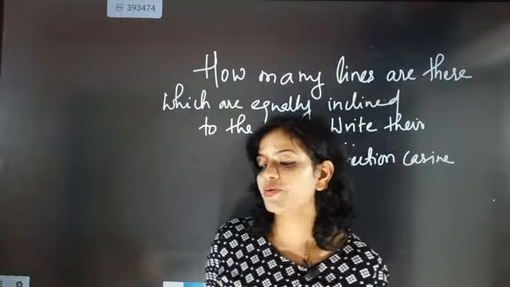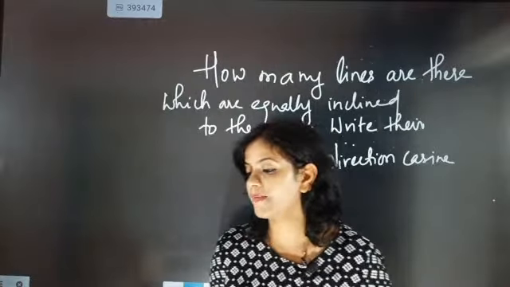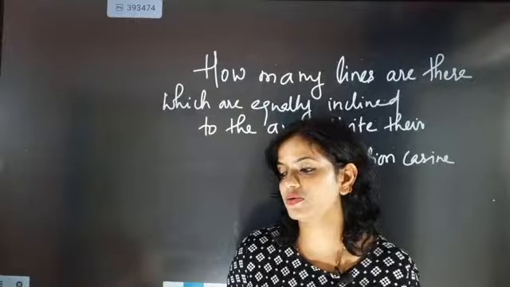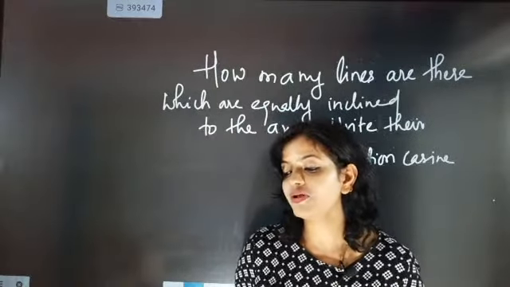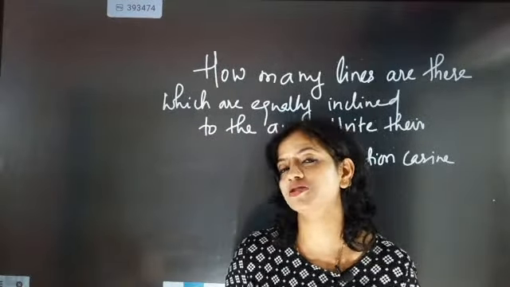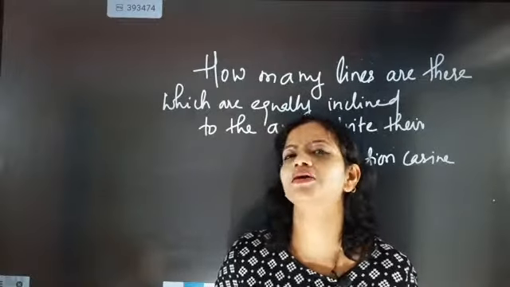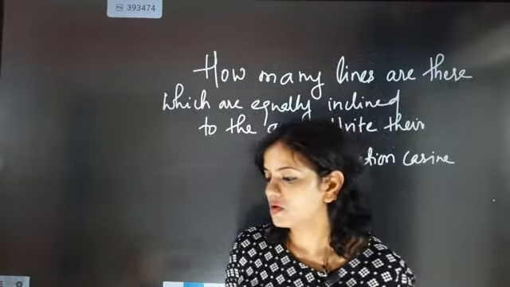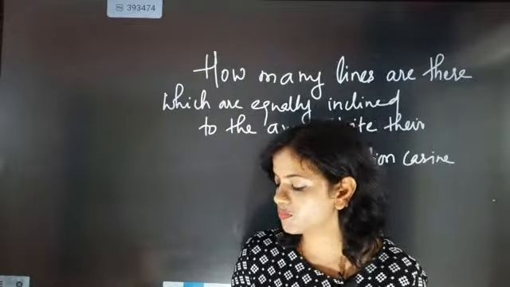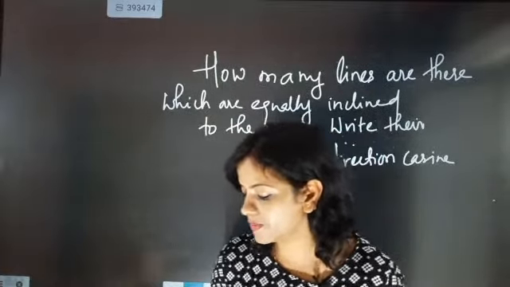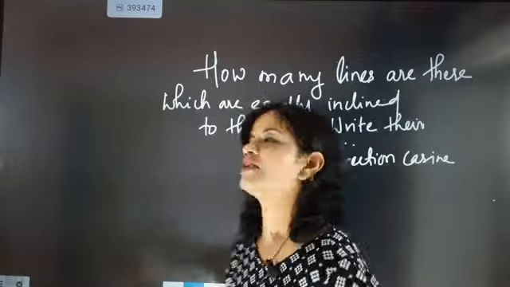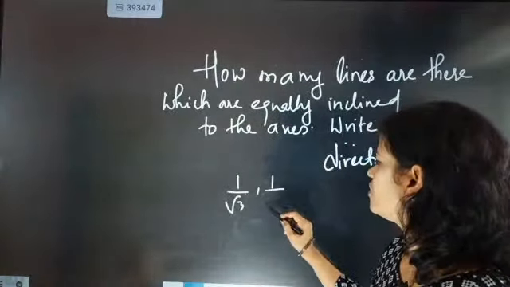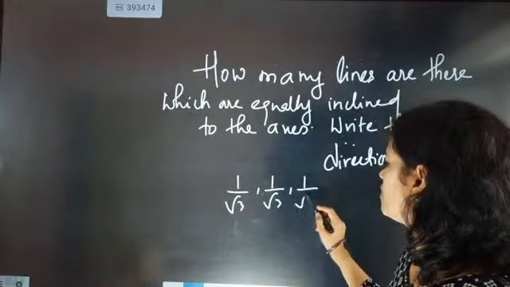I already told you plus minus 1 by root 3, plus minus 1 by root 3, plus minus 1 by root 3. So one line will be where all the three angles will be positive, or all the three angles will be negative. So positive and negative parts will come. One will be exactly 1 by root 3, 1 by root 3, 1 by root 3.